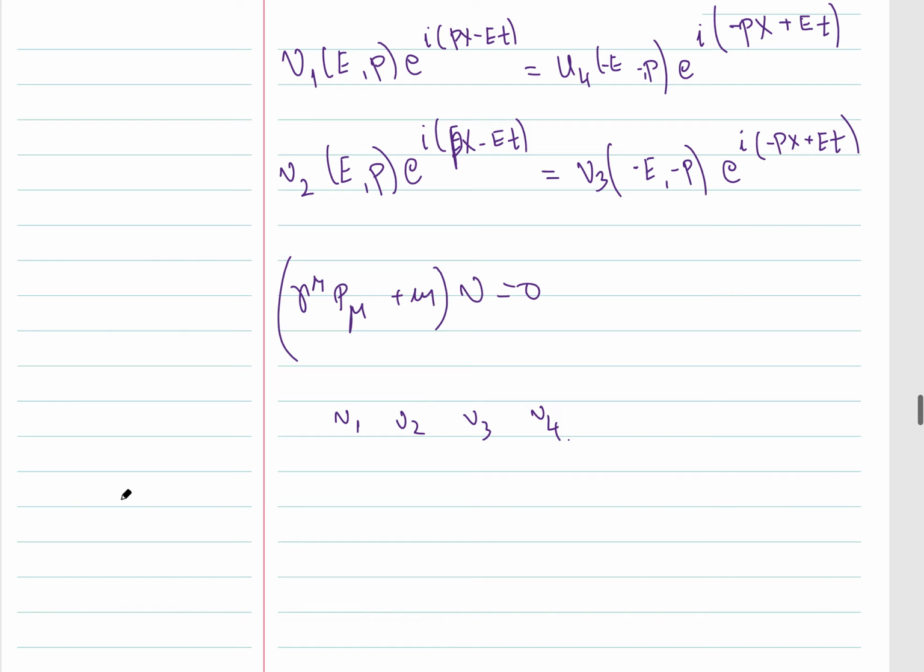These spinors, U1, U2 and V1, V2, are very important for building Feynman diagrams, basically. Once you see the Feynman diagram, you can build the equation with the help of spinors.